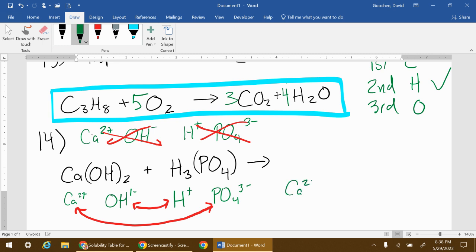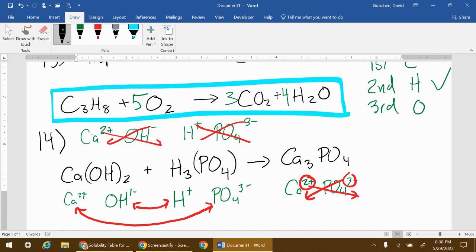So let's see here. Calcium, Ca2 plus, phosphate, PO4, 3 minus. This is a fun one. You're going to end up with 2 phosphates and 3 calcium. So the formula is Ca3(PO4)2. The other thing that you're going to form is hydrogen is going to bond with your hydroxide.